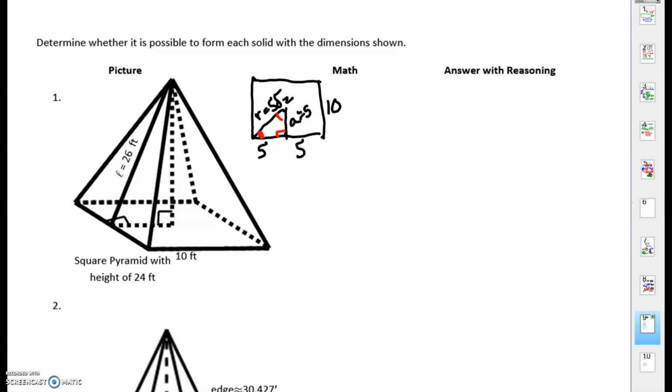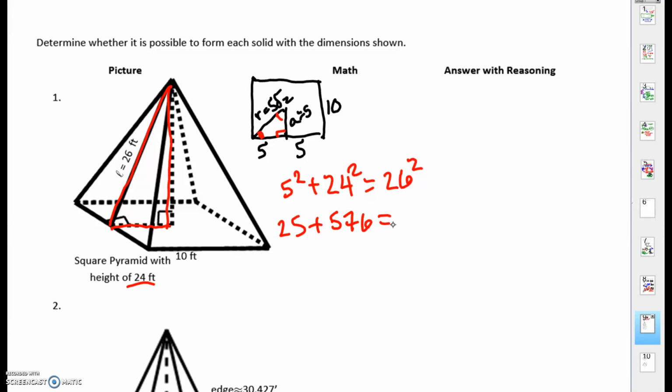I'm going to start off by testing this triangle here. Let's start there, shall we? So this is the apothem, which we said was 5. So I got 5 squared plus, they tell me the height is 24, 24 squared, and I want to know, does that equal 26 squared? So we're going to work that out. Does 25 plus 576, that's 24 squared, does that equal 676?